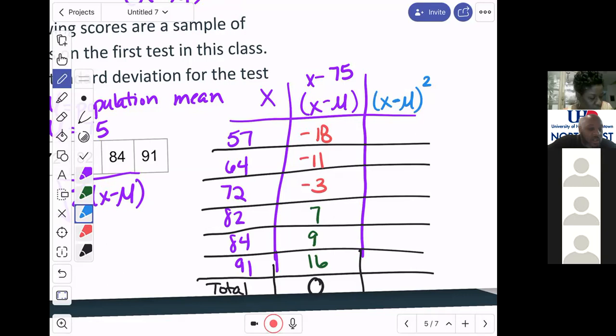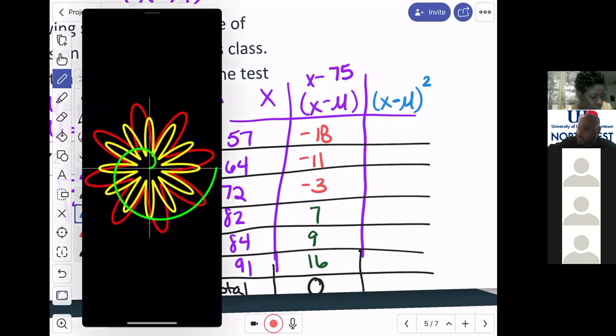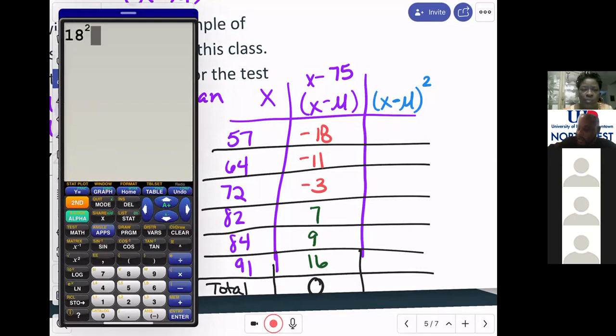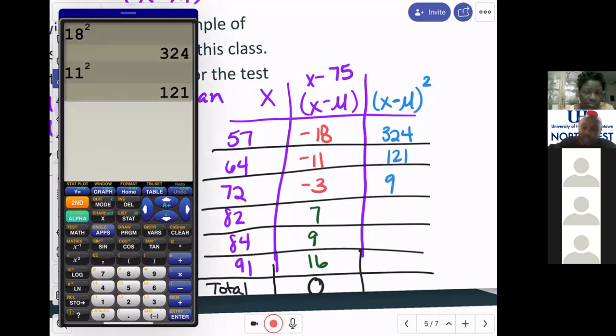So if I start squaring values, negative 18 squared is 324. Negative 11 squared, 121. 3 squared, 9. 7 squared, 49. 9 squared is 81. 16 squared, 256.